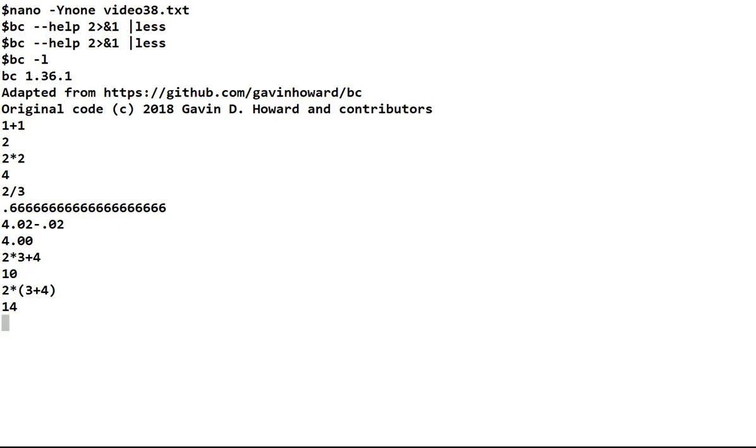This makes the BC program do the addition first and then the multiplication. Whereas without the parentheses, multiplication is a higher precedence, so it does the multiply and then the add. Okay, so far so good.